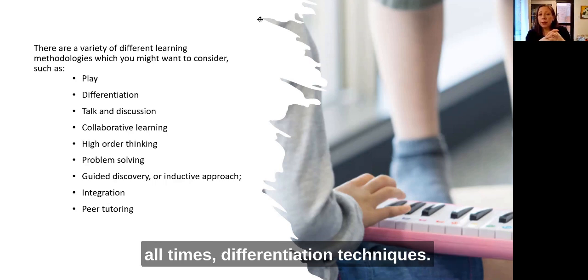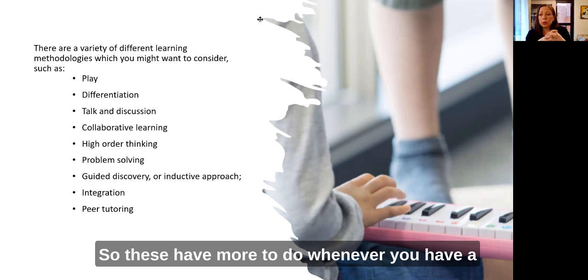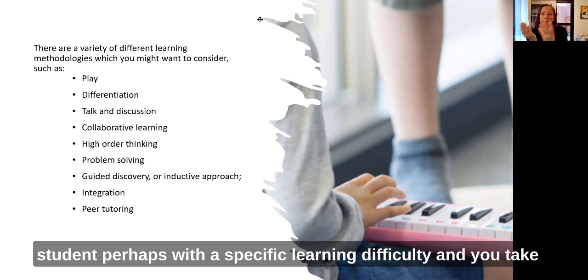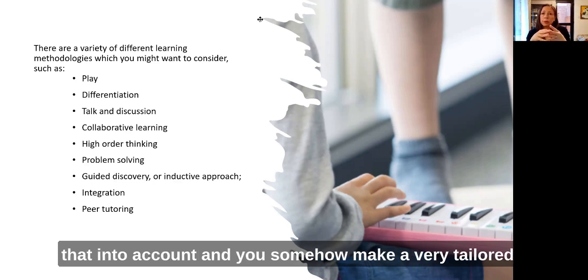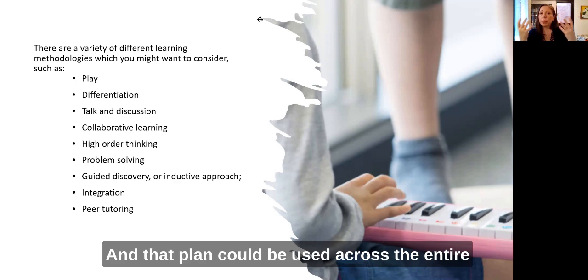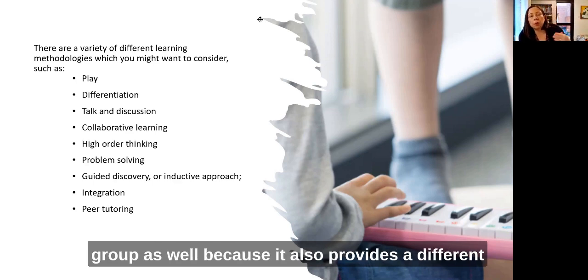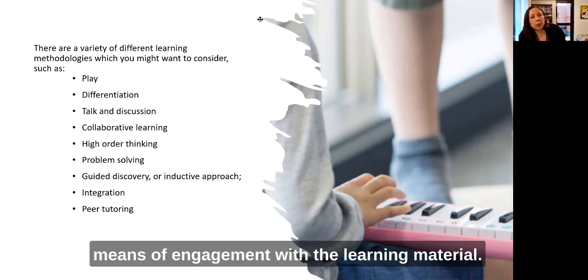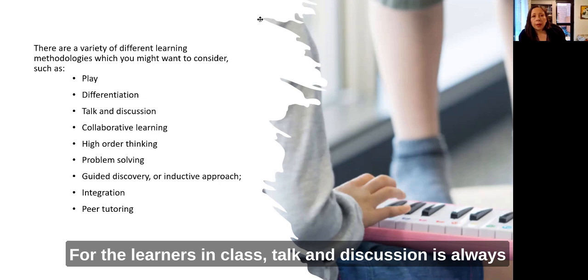Differentiation techniques, so these have more to do whenever you have a student perhaps with a specific learning difficulty, and you take that into account and you somehow make a very tailored plan to help that student to learn. And that plan could be used across the entire group as well, because it also provides a different means of engagement with the learning material for the learners in class.